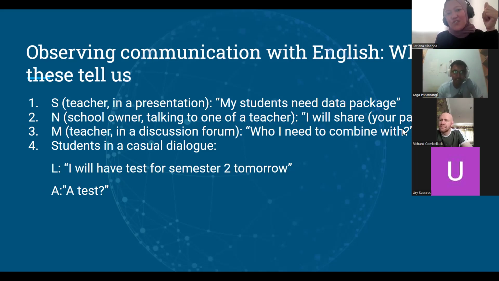But the reason why she used the words "I will share," not "I will pay" or "I will give," is because she is Indonesian, and her first language is actually not even Indonesian but an ethnic language called Batak. That is her first language, and then Indonesian, and then English.